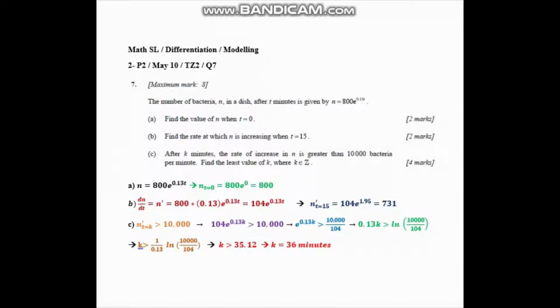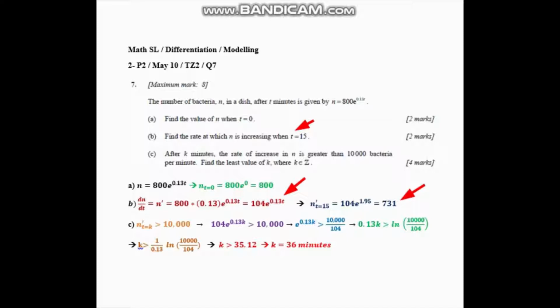Next, I need to plug 15 for t into the derivative equation right there, and this gives me 731. Of course, this is a paper 2 question, so you can use the GDC to solve all of that.